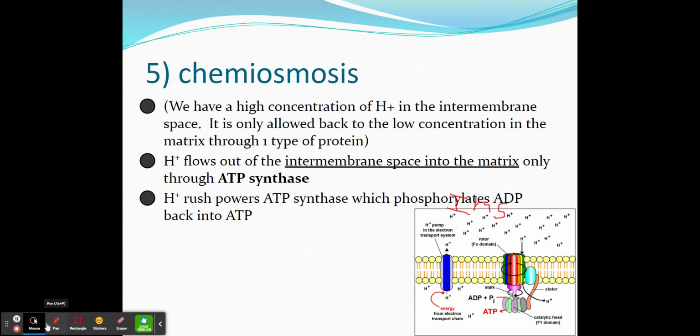ASE means enzyme, so it's a big old protein. And as it spins, it pushes a phosphate and an ADP together to make ATP. Okay, so all of this process was just so we could make this thing spin and push the phosphates together with an ADP.